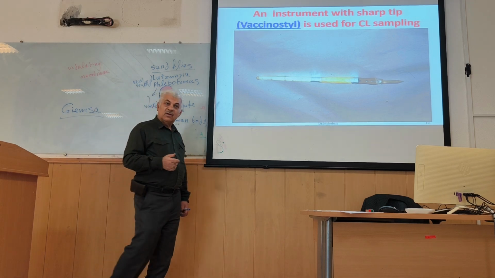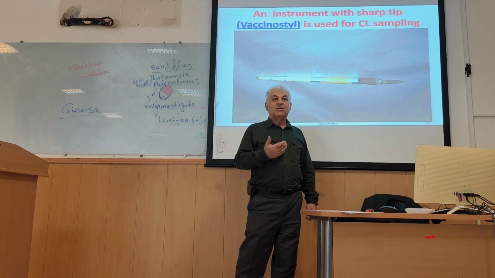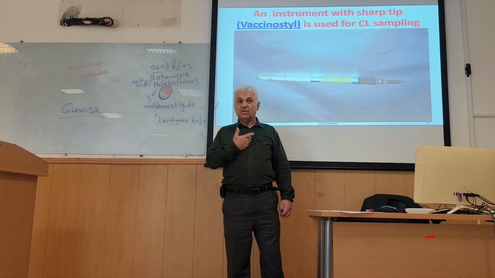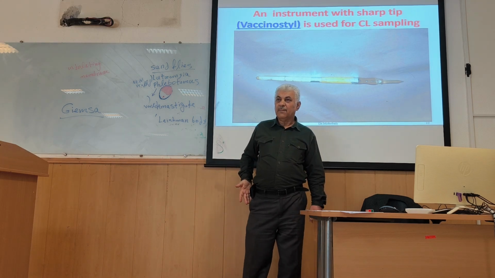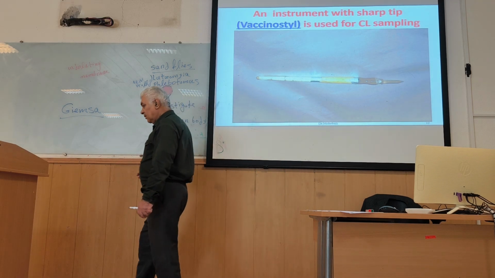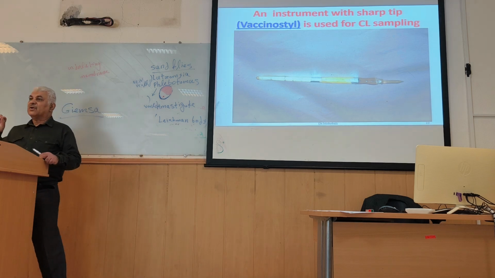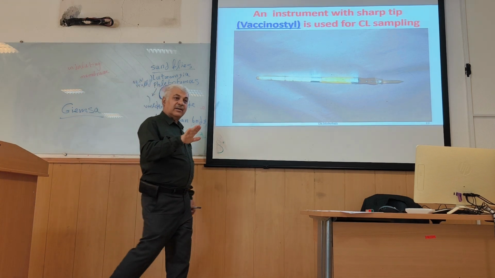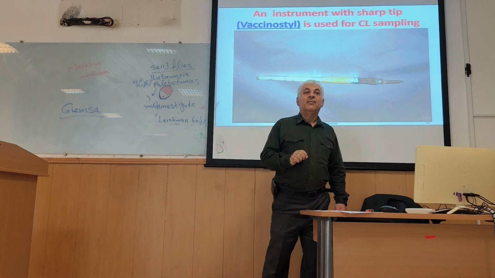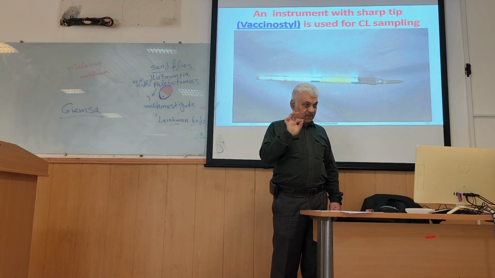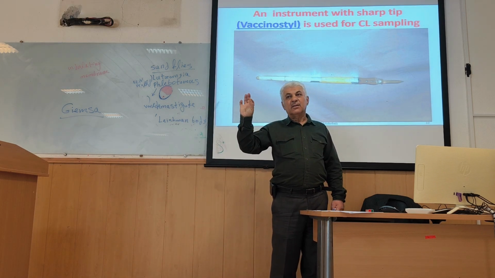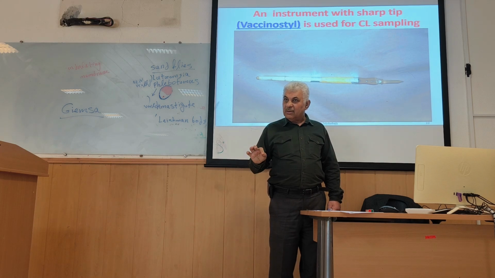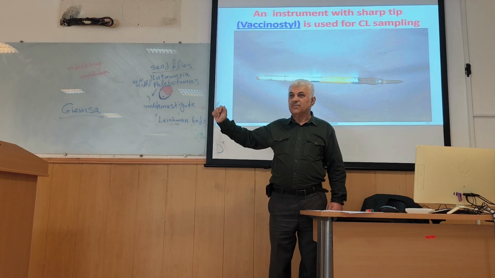We can take bone marrow from the sternum or iliac crest. We use a small amount of bone marrow, prepare a microscopical slide, fix it with methanol and stain with Giemsa.